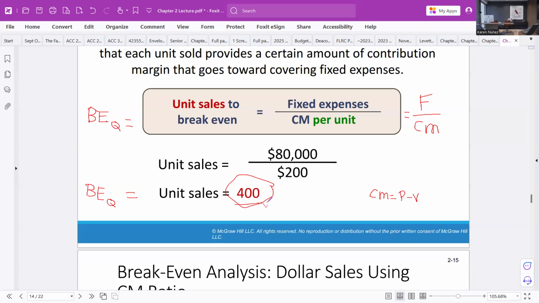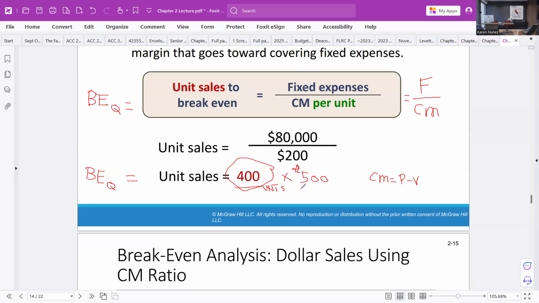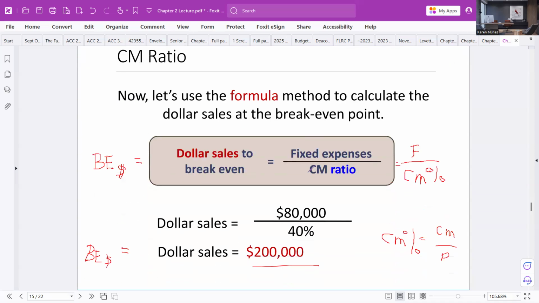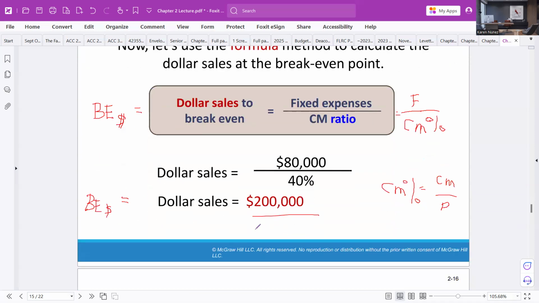Price times volume always equals sales dollars. So the price times volume, 400 units times $500 is 200,000.